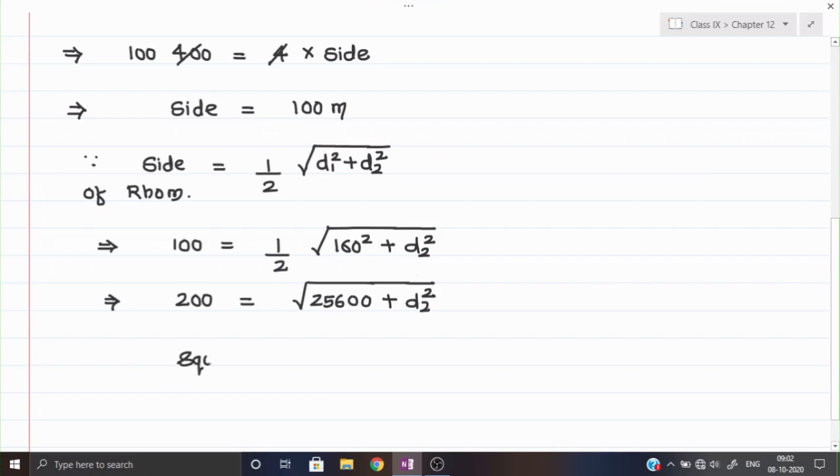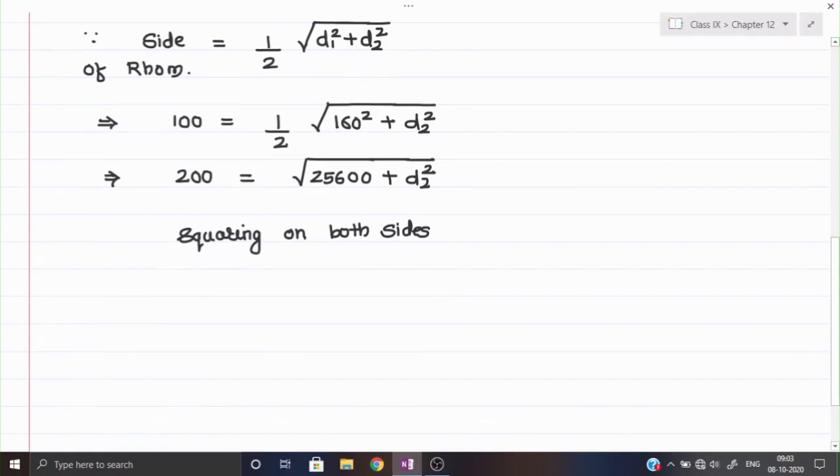So squaring on both sides, 200 squared becomes 40000, since the square of 2 is 4 and 4 zeros come, is equal to 25600 plus d2 square.